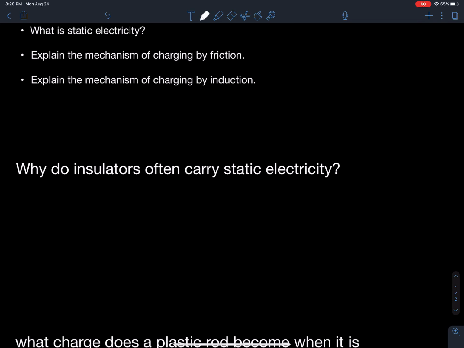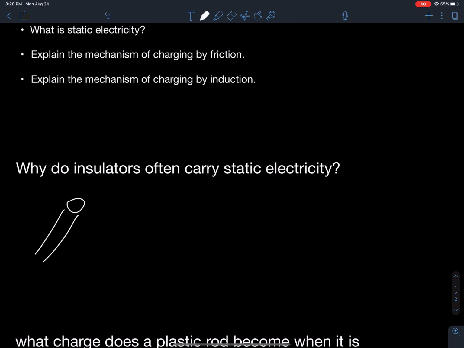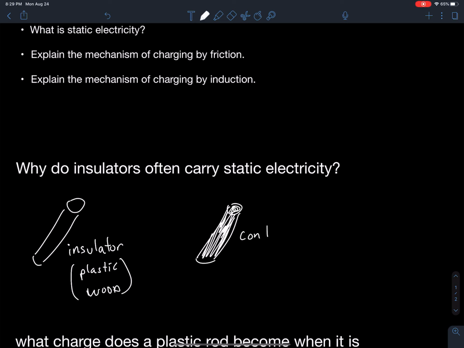Well, we have two different types of objects. We have, for example, an insulator, which is usually plastic or wood, things that are non-metals. And conductors, and that conductor is made of metal. Insulators often carry static electricity.